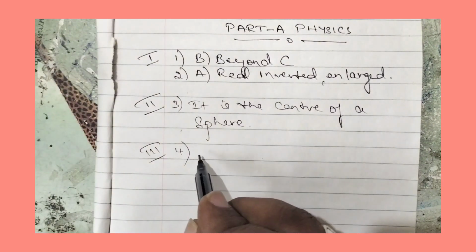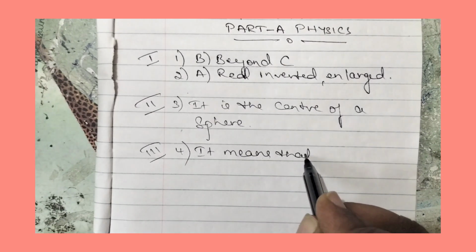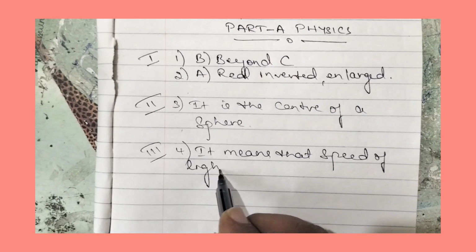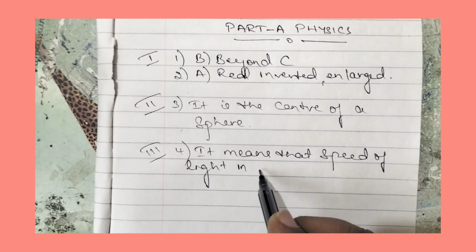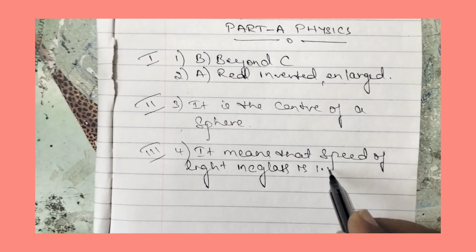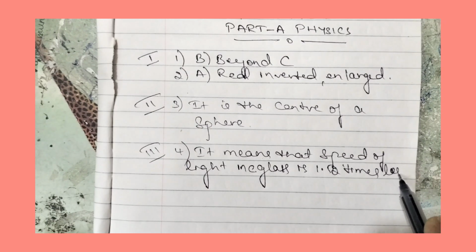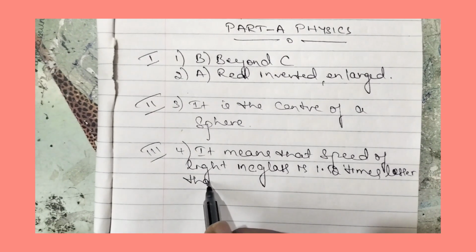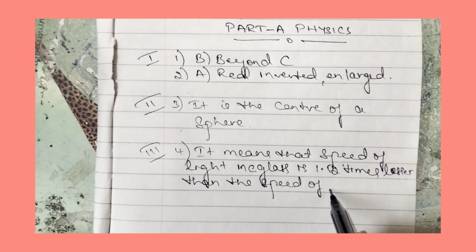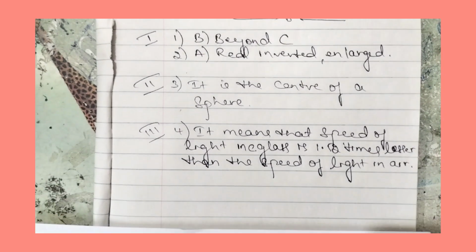It means that the speed of light in Crown glass is 1.52 times lesser than the speed of light in air. So this is the meaning for the fourth question.